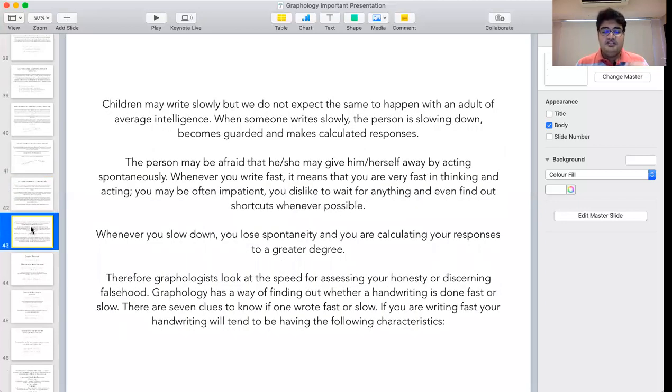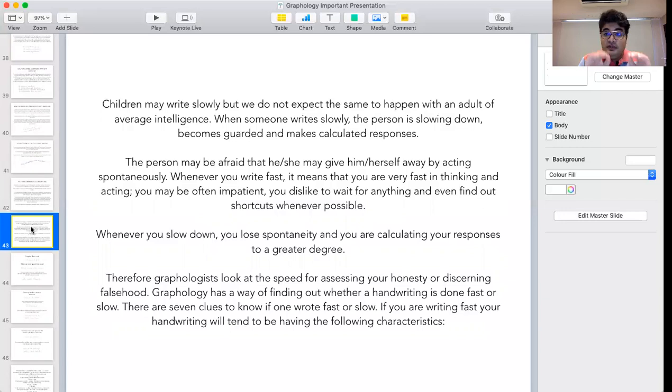Next, children may write very slowly, but we do not expect the same to happen with an adult of average intelligence, because children would have a completely different speed of writing than an adult. When someone writes very slowly, the person is slowing down, becomes more guarded, makes more calculated responses. So do you see the difference? When someone is writing very fast, they just want to get things done very quickly.